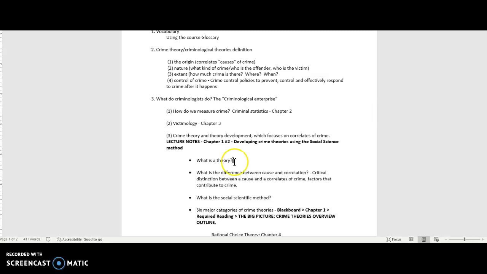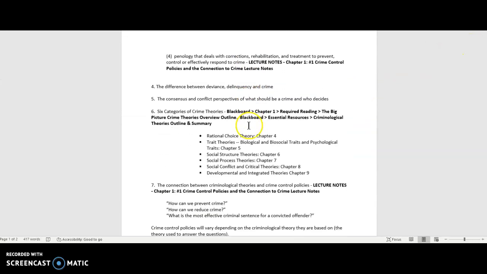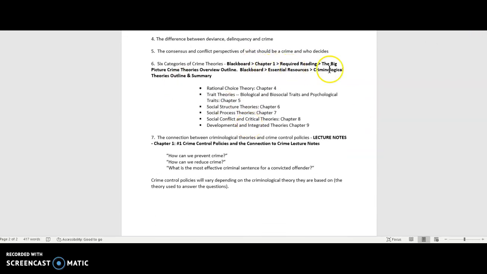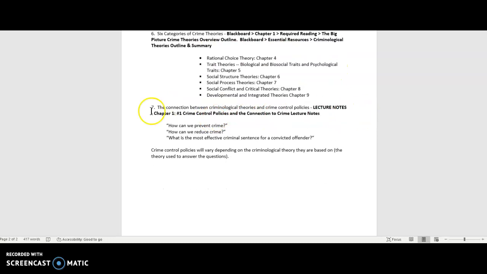And those are so important in Chapter 1 as an introduction that there are lecture notes both on developing crime theory and using social science method, and later on, crime control policies and the connection to crime lecture notes.